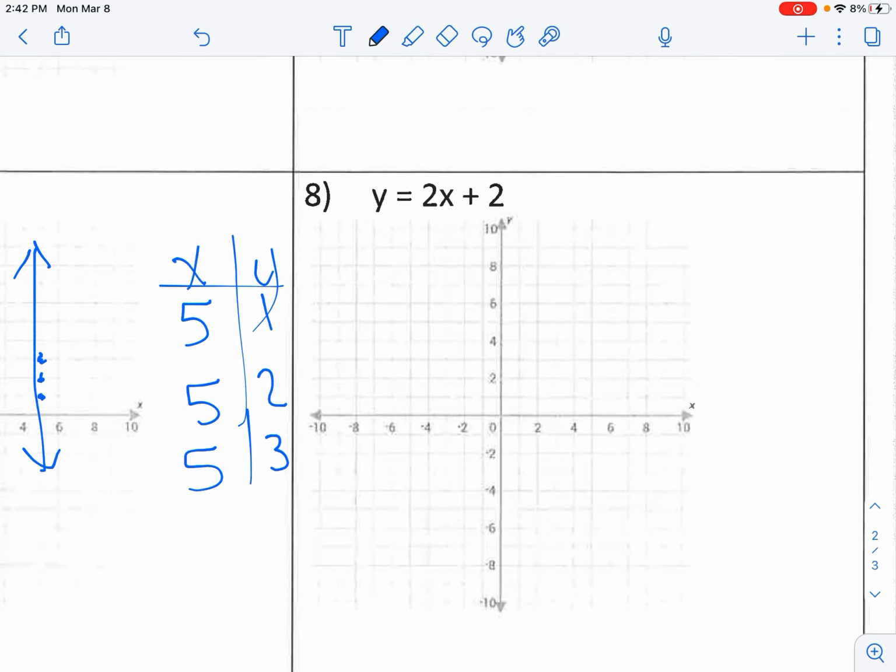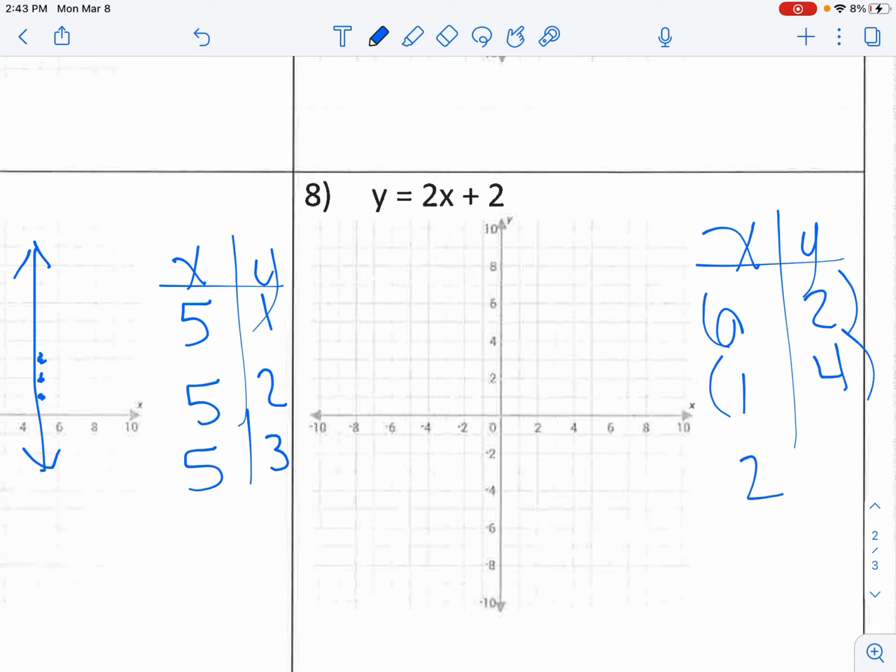Last one. 0, 1, and 2. Substitute for x. 2 times 0 is 0. Plus 2 is 2. 2 times 1 is 2. 2 plus 2 is 4. 2 times 2 is 4. 4 plus 2 is 6.